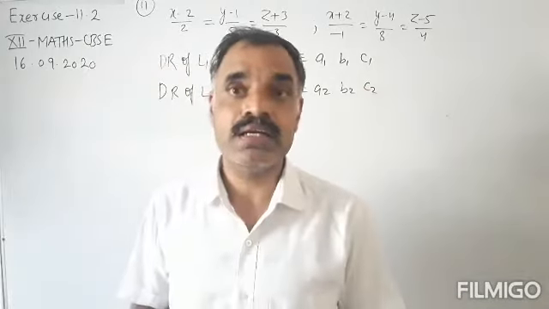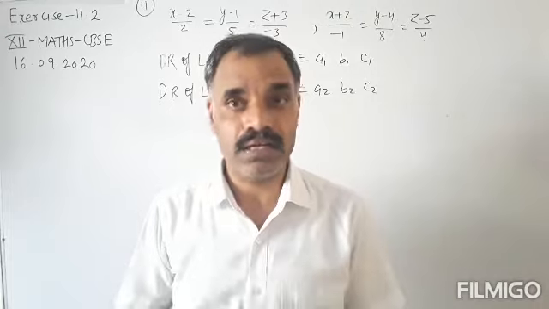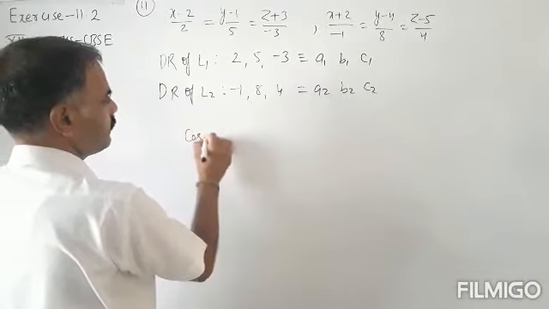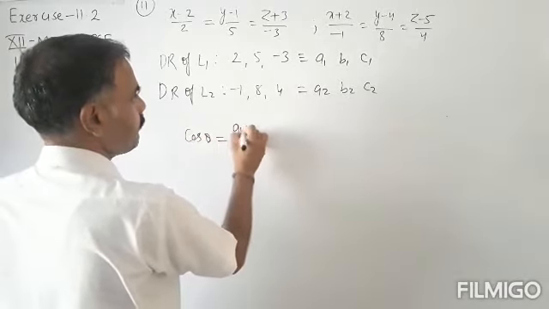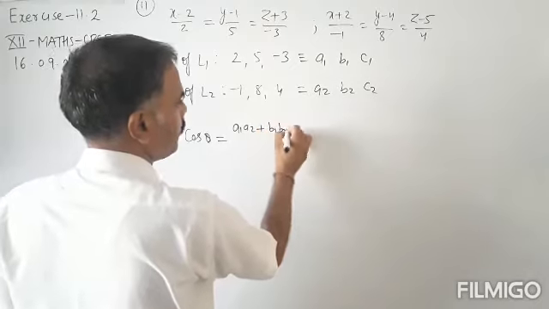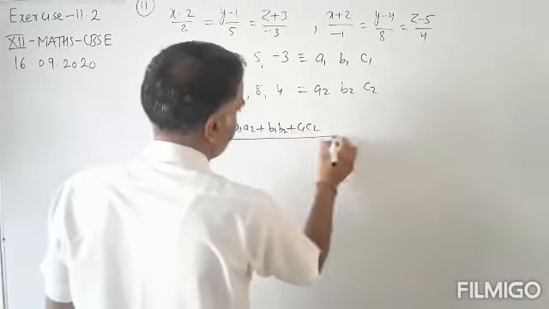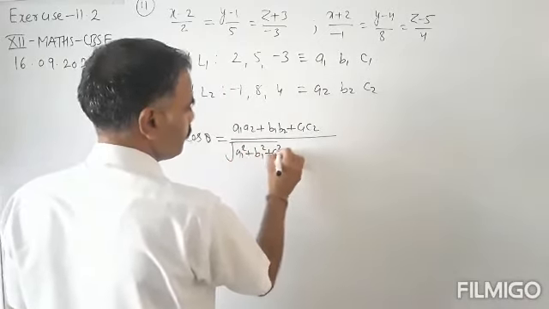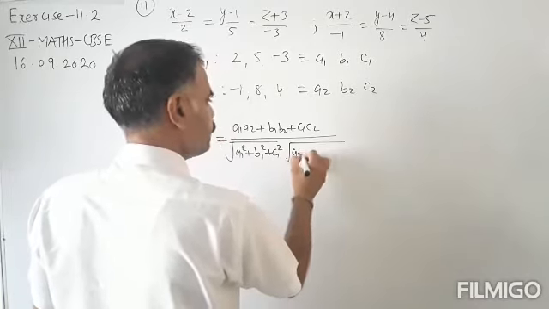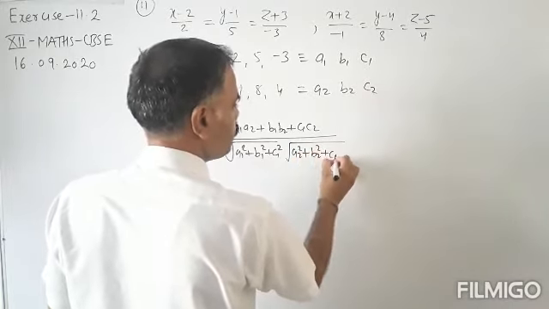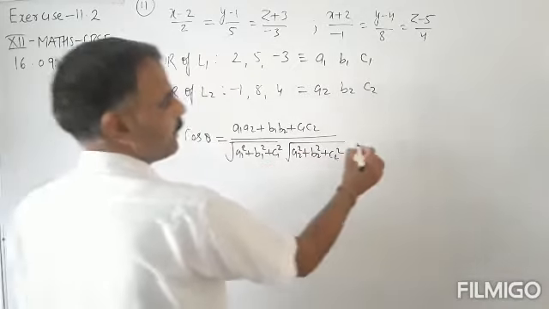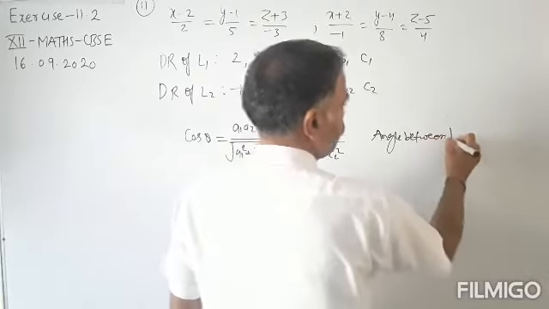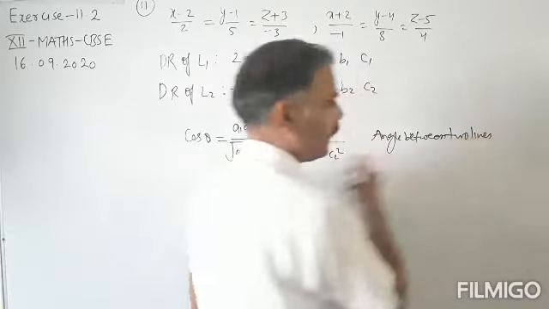After finding the direction ratios, the angle between two lines is given by cos theta equals A1 A2 plus B1 B2 plus C1 C2 divided by under root A1 square plus B1 square plus C1 square multiplied by A2 square plus B2 square plus C2 square. This is the angle between two lines in Cartesian form.